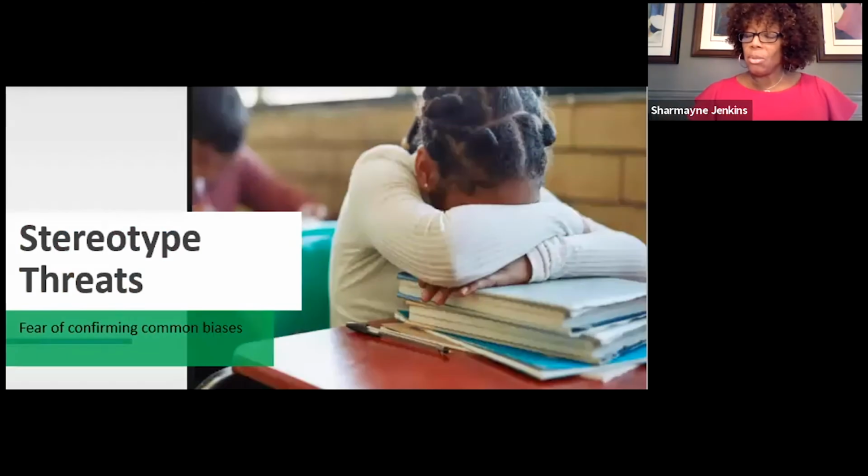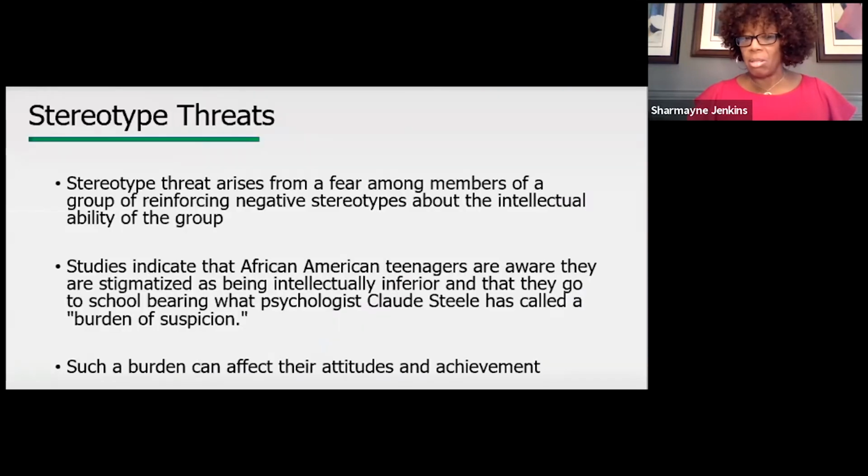So the first thing we're going to talk about is stereotype threats. And Black students, they have to contend with two sources of stress rather than one, because they have the fear of confirming common biases. And that's pretty much what stereotype threats are. So stereotype threats arise when there's a fear amongst members of a group of reinforcing negative stereotypes about the intellectual ability of the group.